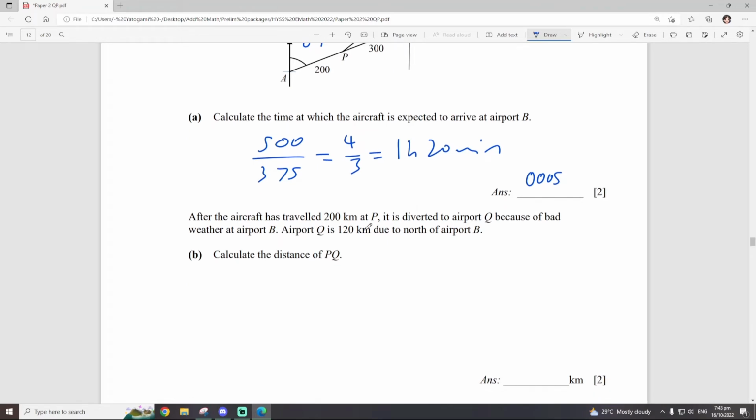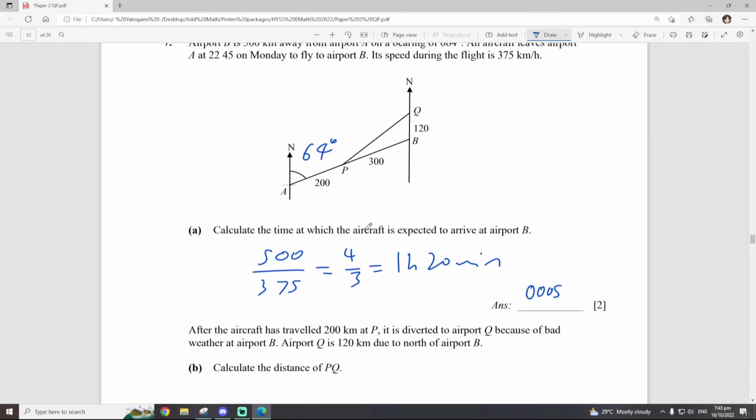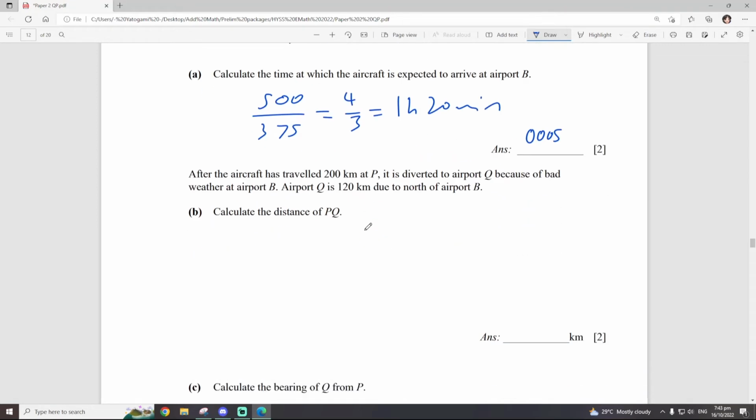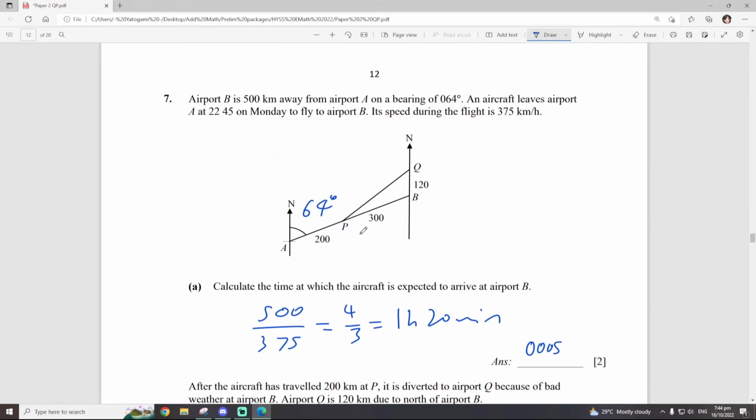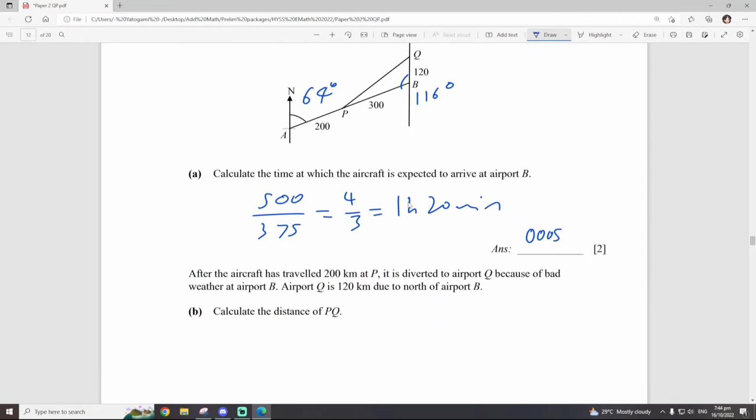After the aircraft has traveled 200 kilometers at point P, it is diverted to airport Q because of bad weather. Calculate the distance PQ. If you notice this angle, because of the interior angles, this will be 116 degrees. So PQ squared, use cosine rule, will be 300 squared plus 120 squared minus 2 times 300 times 120 times cosine 116 degrees.